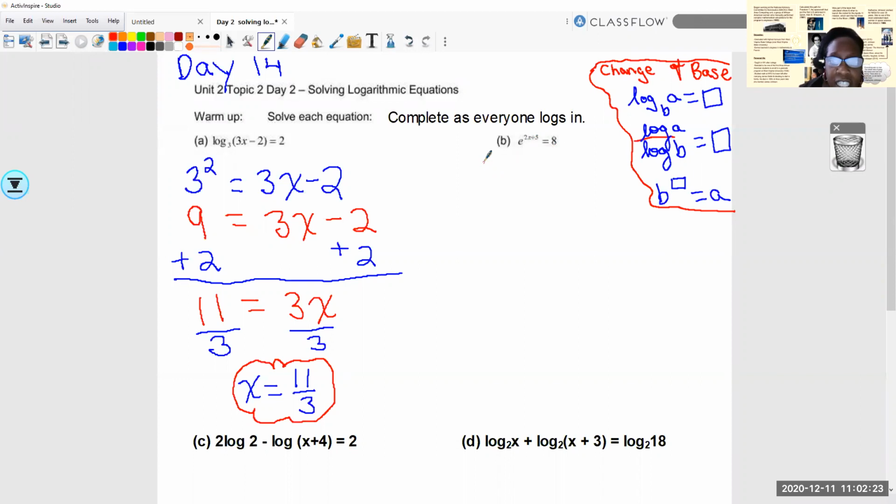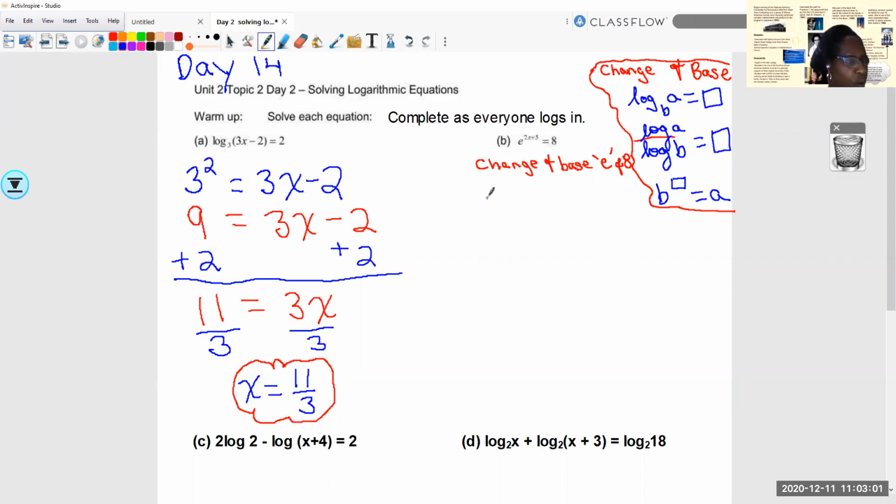So I'm just going to write here, change of base, e of 8. So what does that look like? Let me make this a little bit more legible. Okay, so that looks like this.